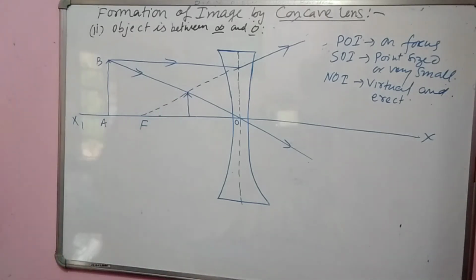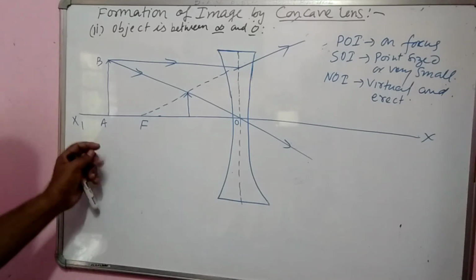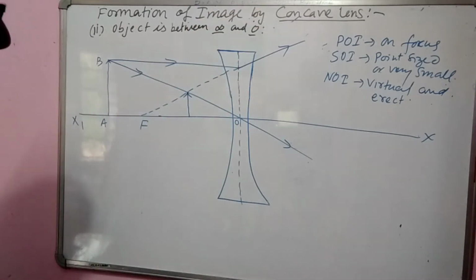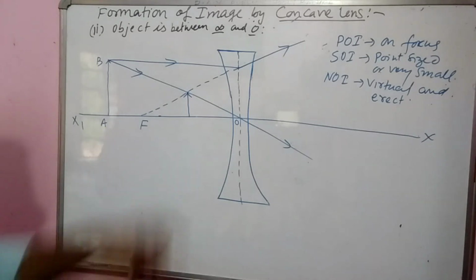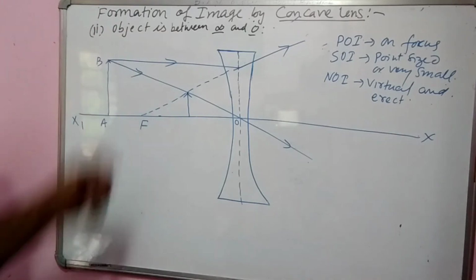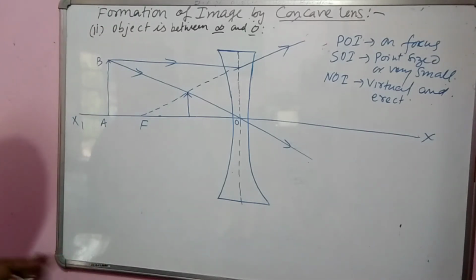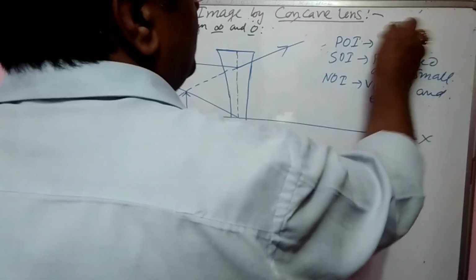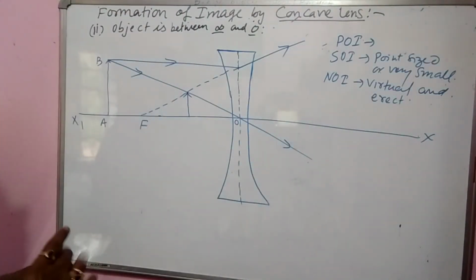If you put the object anywhere in front of the concave lens, the image is always formed between focus and optical center. In the previous case, when the object was at infinity, the image was formed at focus.